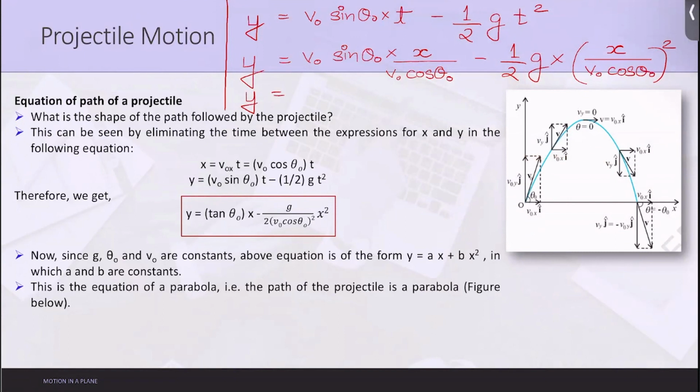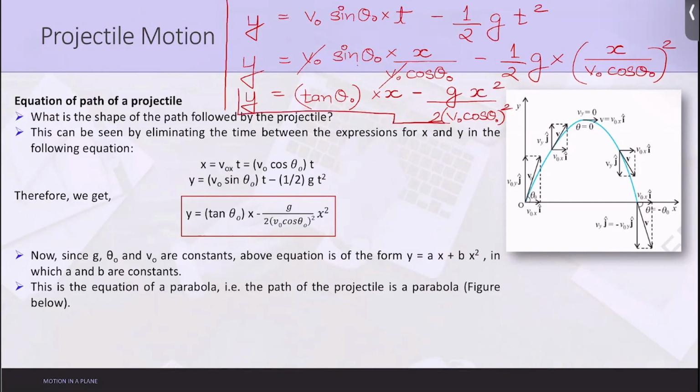So y is nothing but equal to, v naught will get cancelled, sin theta naught upon cos theta naught will give you tan theta naught into x, minus g by 2 into v naught cos theta naught whole square into x square. Correct?